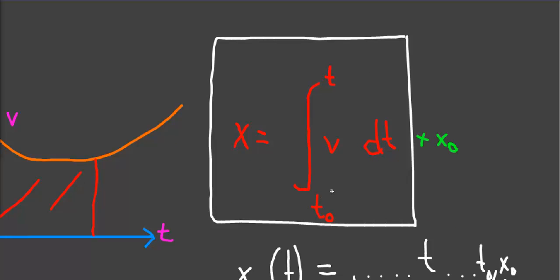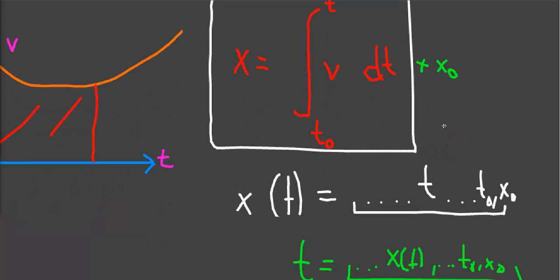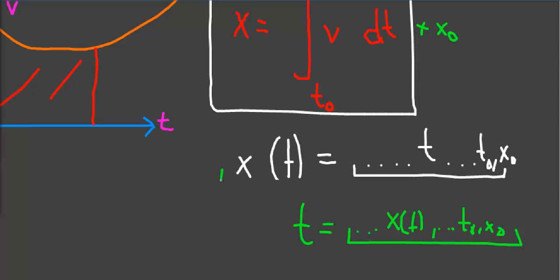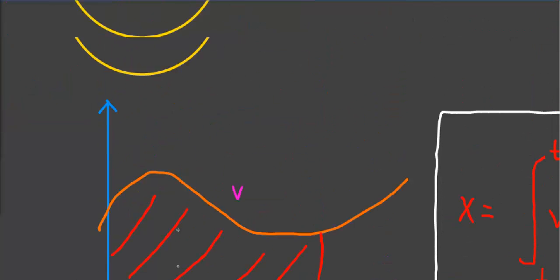We integrate with respect to t from our t0 to our variable t, and add the x0 at the end as a little constant. And we get that our x of t is some function of t and our initial conditions. We can sort that function around, and we can get the function for t, which is a function of our x of t and the initial conditions. So we can calculate our x with any given t as well as our t with any given x. And that's everything we wanted, actually. So that's our last and final definition.